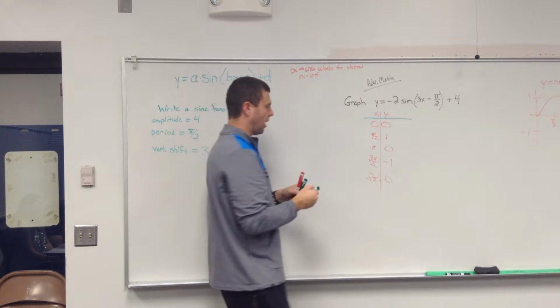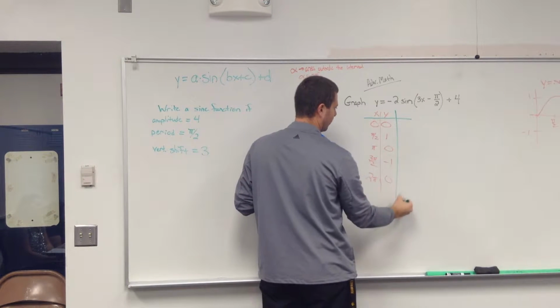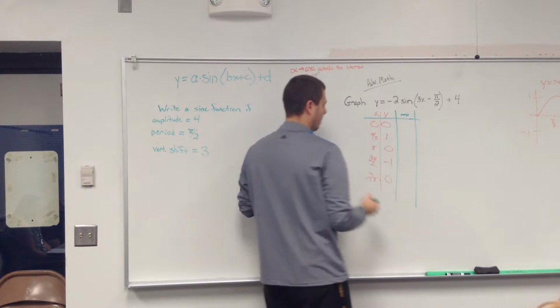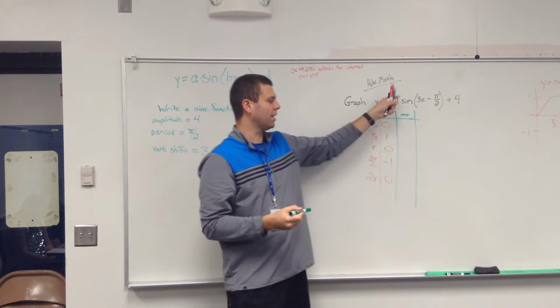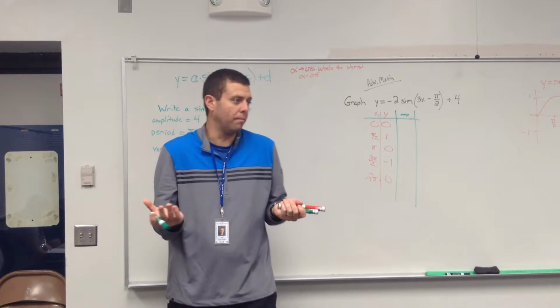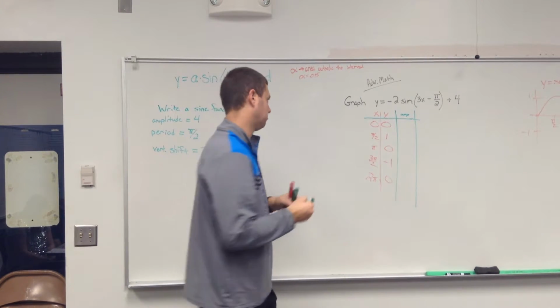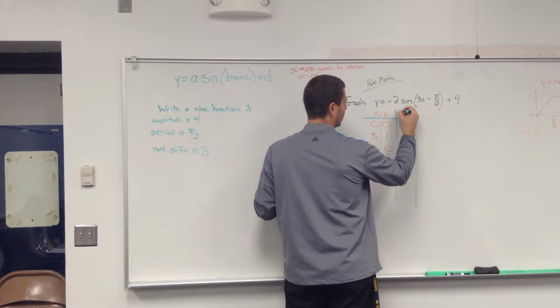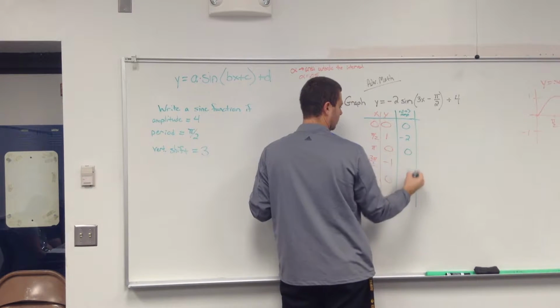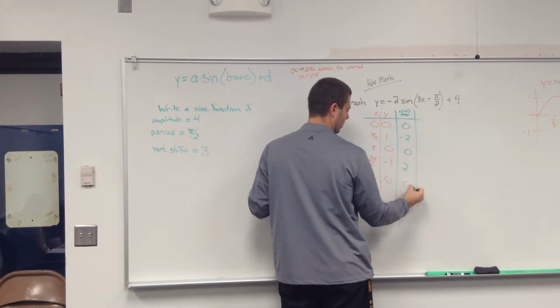So I would recommend doing your amplitude first. Because my a value is -2, every one of these y values needs to be multiplied by -2. So 0, -2, 0, +2, 0.